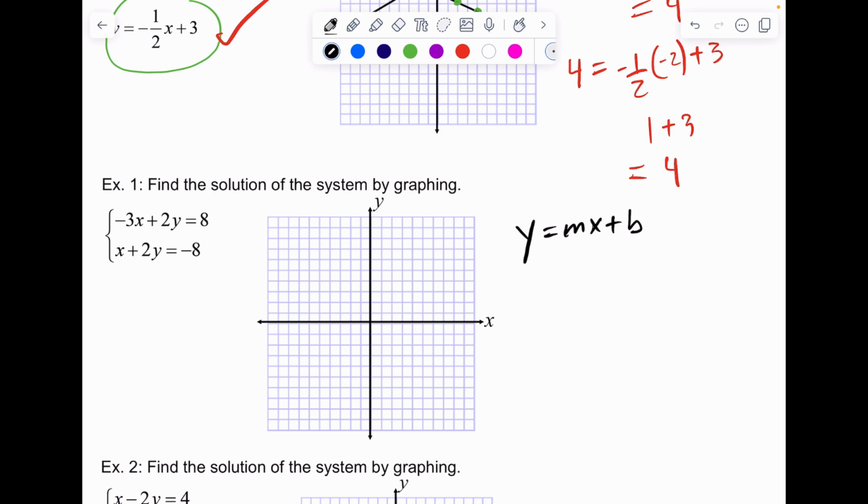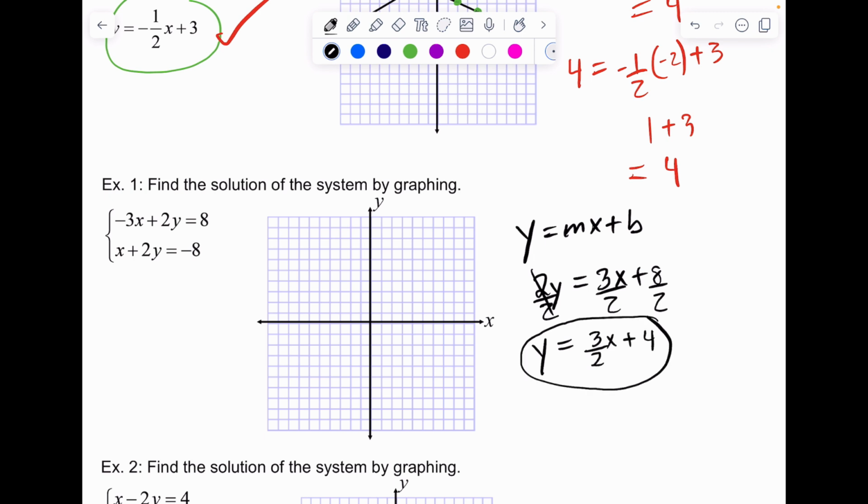So let's get that y alone. Let's start by adding 3x to both sides. So I have 2y equals 3x plus 8, and I'm going to divide by 2. Remember that when you're dividing both sides of the equation, make sure that you divide every term on the opposite side.